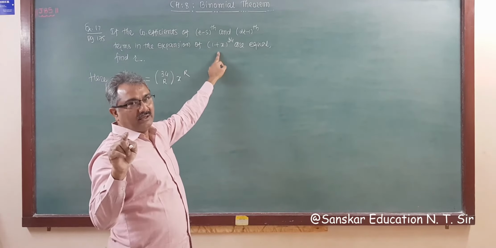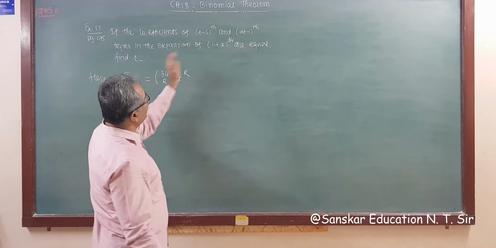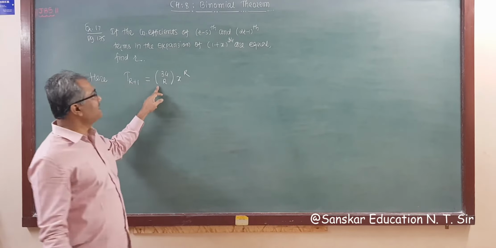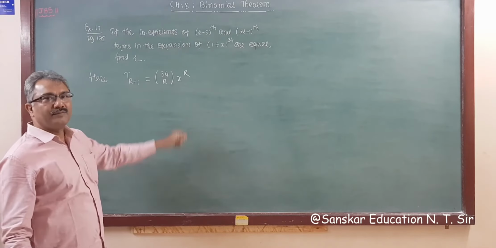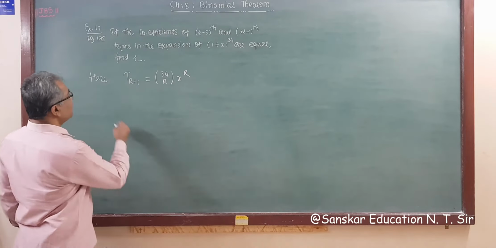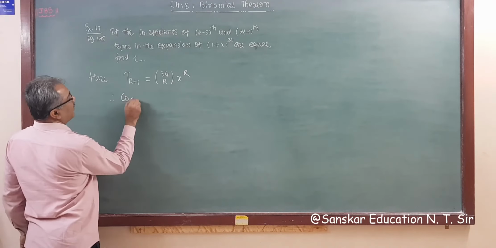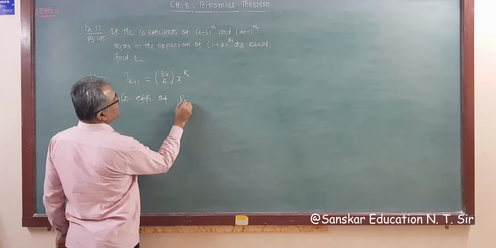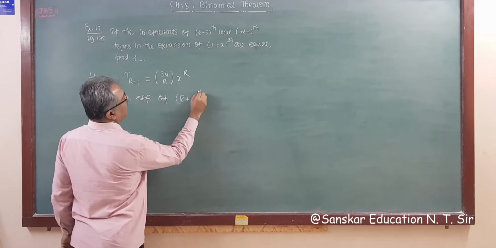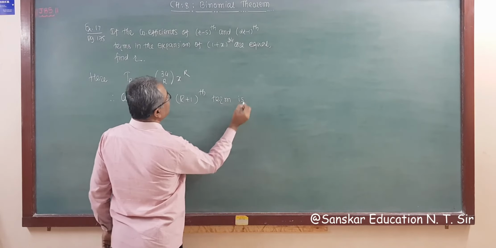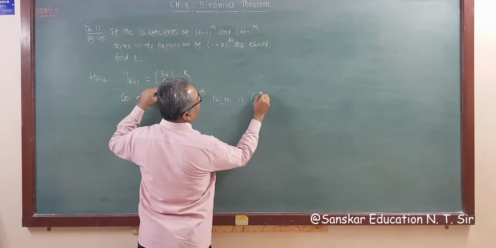T R plus 1 is a raised to n minus R, but a is 1, so 1 raised to any power is 1. So T R plus 1 is 34CR into x raised to R, right? So therefore the coefficient of the R plus 1th term is 34CR.